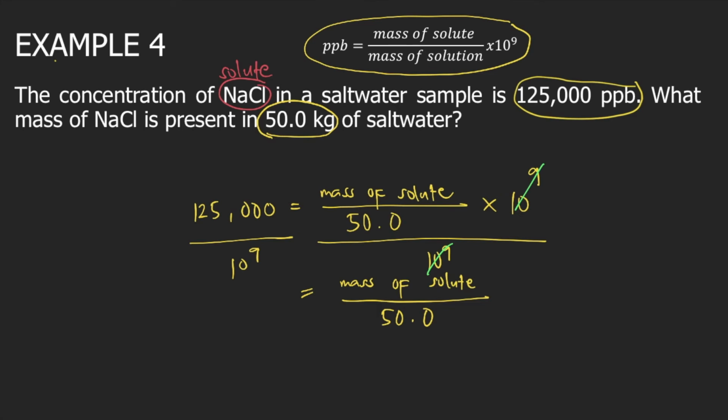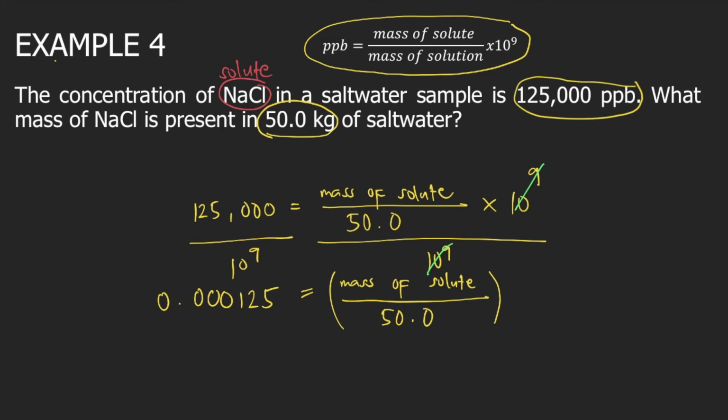And on the left side, you have 125,000 divided by 10 to the power of 9. This is equal to 0.000125.